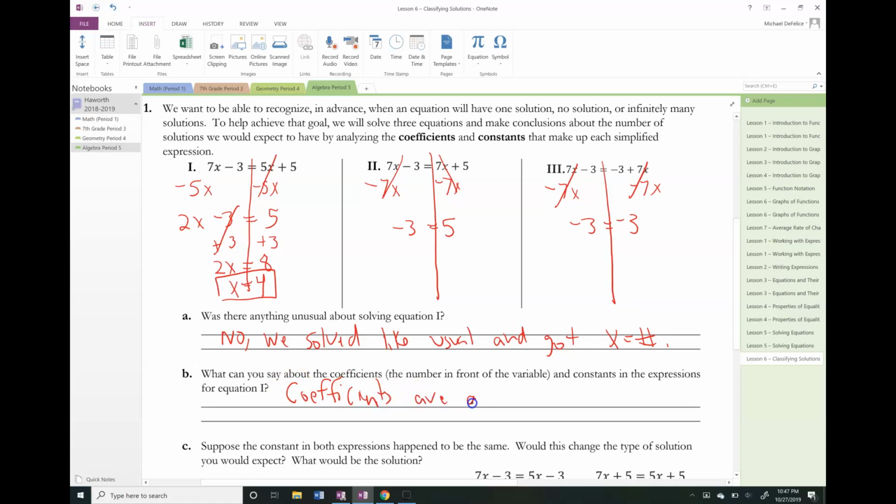The constants are negative 3 and 5, and likewise the constants are also different. So I'm just going to write what they were: the coefficients were 7 versus 5, and the constants were negative 3 versus 5.